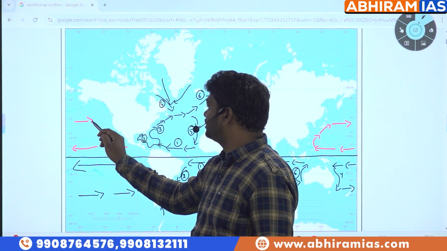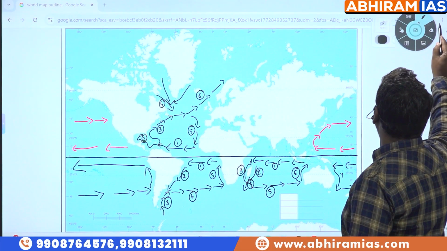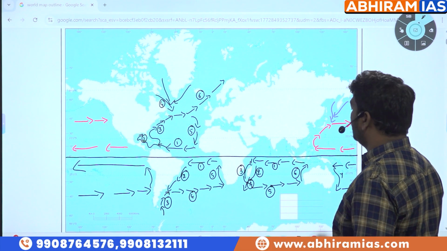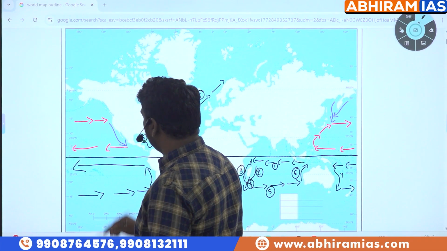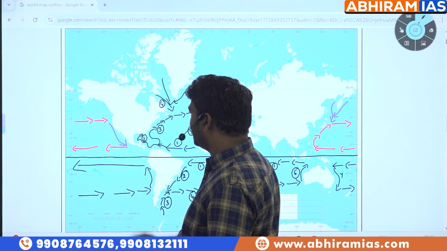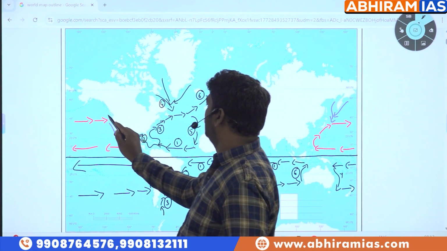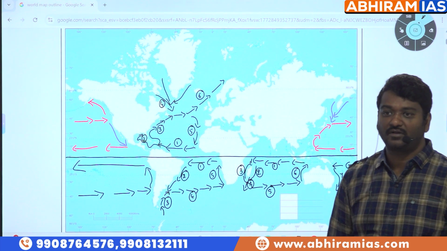Here, what is this called? North Pacific current. Good. What is this called? Oyashio current. California current. Alaska current. Names are important.